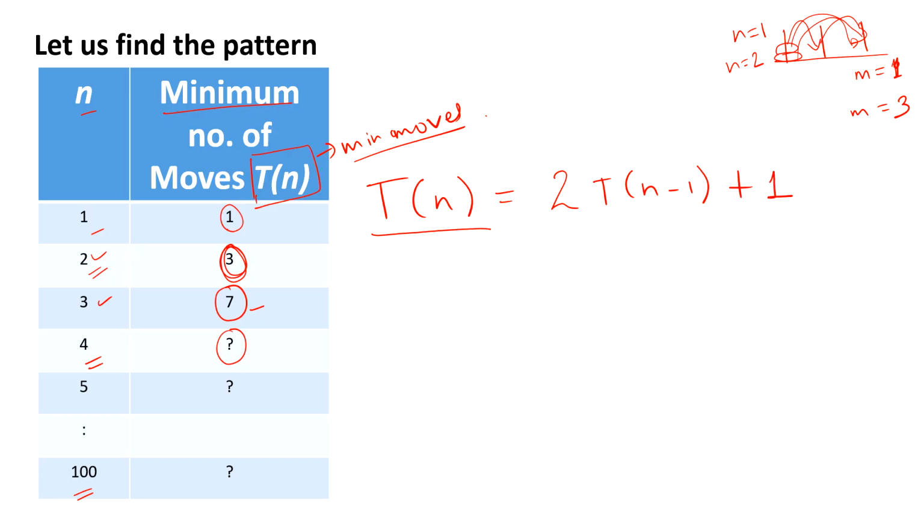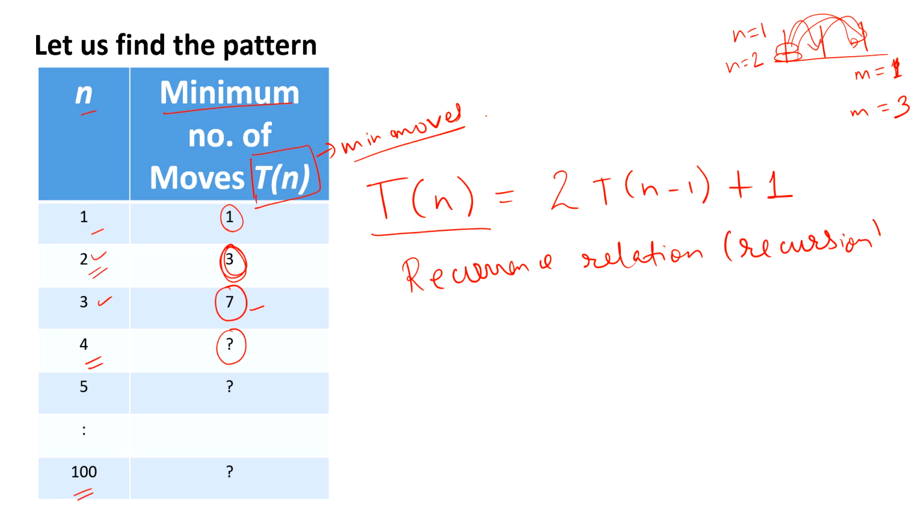Do you agree with this? You can see 7 is equal to 2 into 3 plus 1. Of course, it is giving the answer. 3 is equal to 2 into 1 plus 1. Yes, it is giving the answer. So this is nothing but the recurrence relation, or recursion.